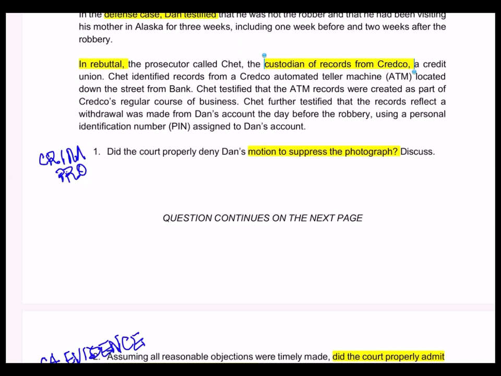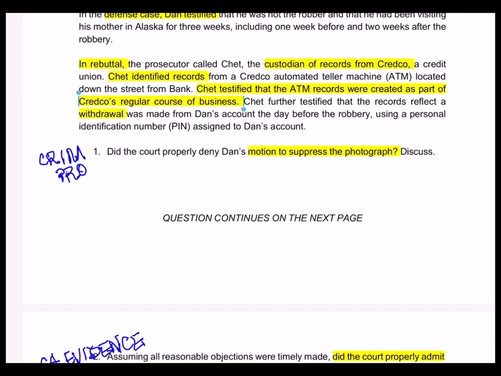Chet identified records from a Credco automated teller machine located down the street from the bank. Chet testified that the ATM records were created as part of Credco's regular course of business. Chet further testified that the records reflect a withdrawal was made from Dan's account the day before the robbery using a personal identification number assigned to Dan's account.